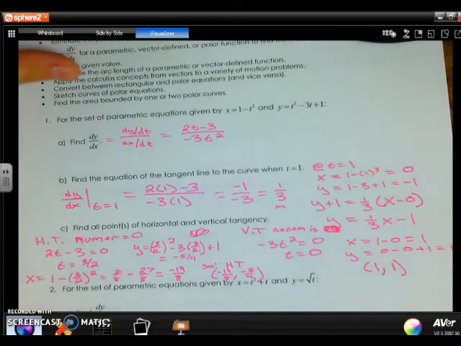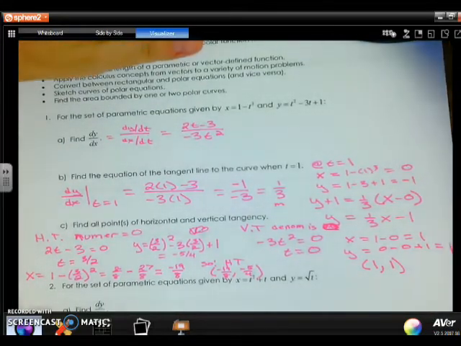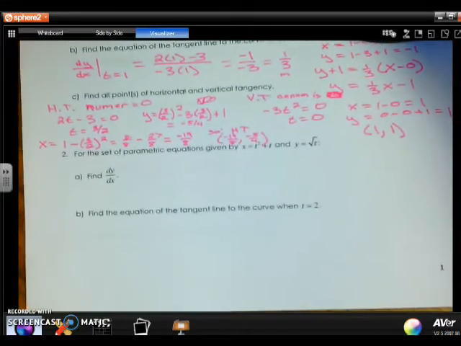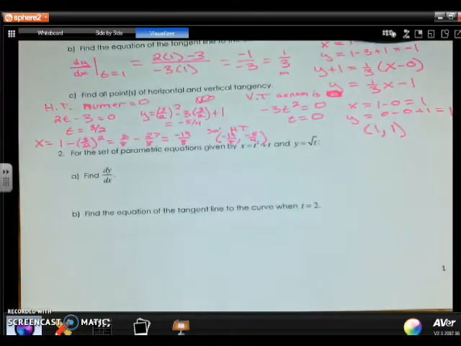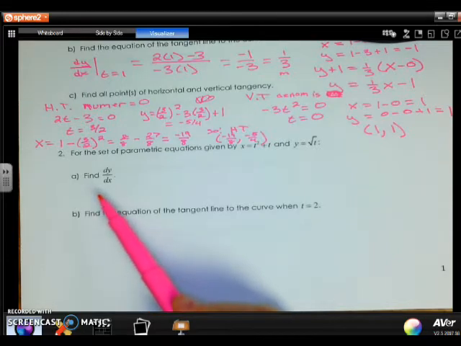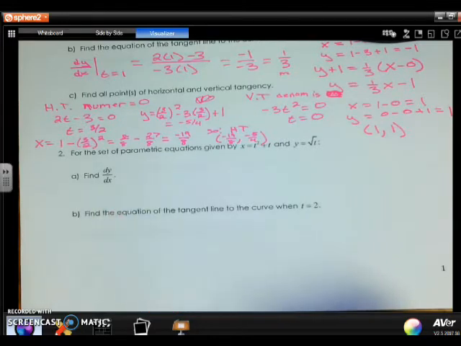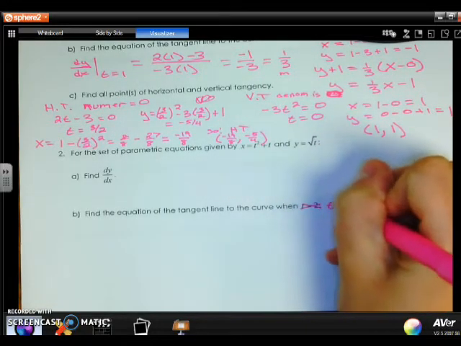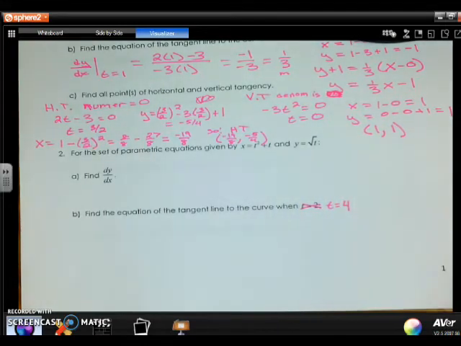Okay, moving right along. So we're going to have number 2 here. Scooch this up. Okay, so number 2, for the set of parametric equations given by x and y, find the slope again, and find the equation to the tangent line when t equals, oh, I think I changed that on yours to be t equals 4.